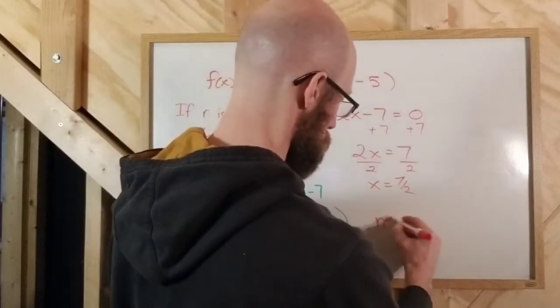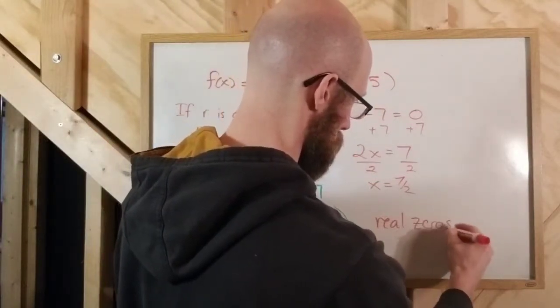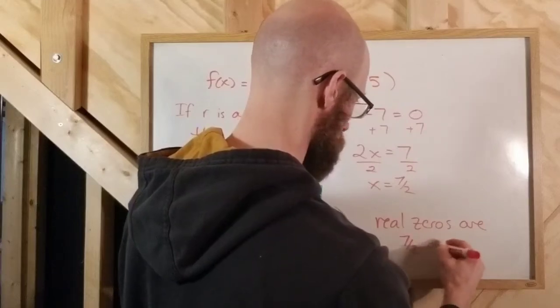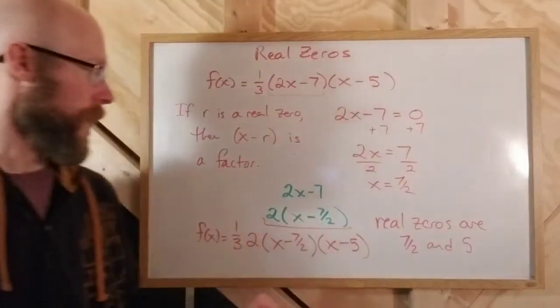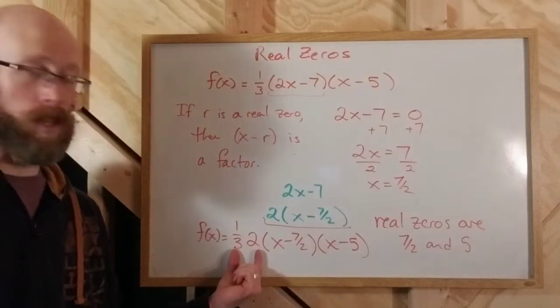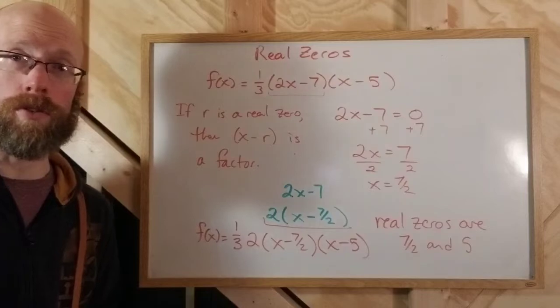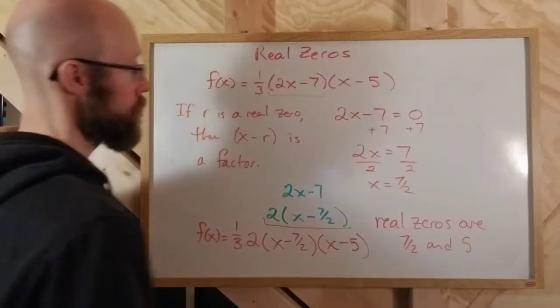So the real zeros are 7/2 and 5. And my leading coefficient now is the combination of these two coefficients. It's actually 2/3, right? 1/3 times 2 is 2/3.